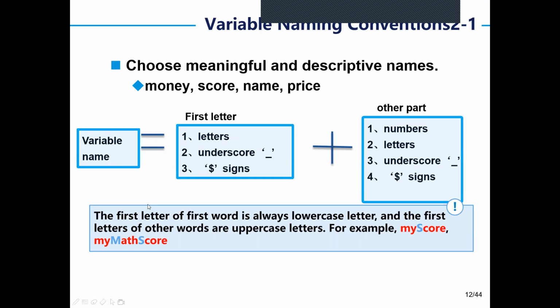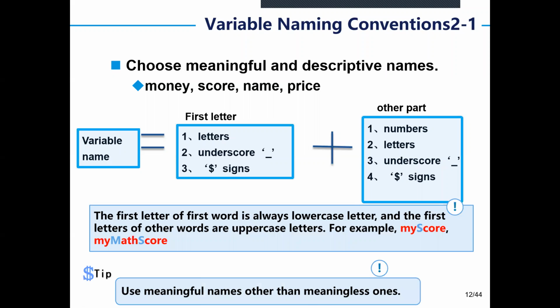The important thing is the camel case. Note that the first letter of the first word is always a lowercase letter, and the first letters of other words are uppercase letters. For example, if myScore is a variable name, the first word my is always lowercase.